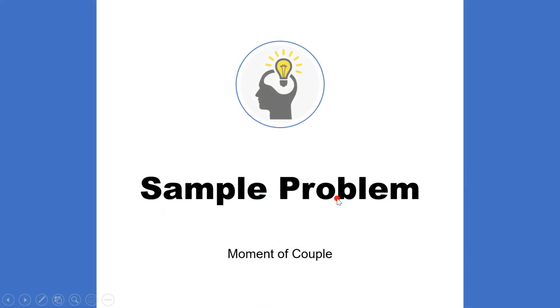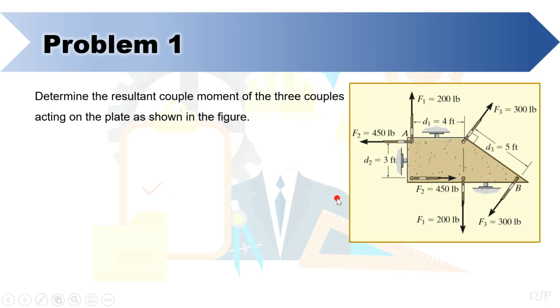Let us now apply this concept in a sample problem. In this problem, we're given the force system as shown in the figure, and we are required to solve for the resultant couple moment.